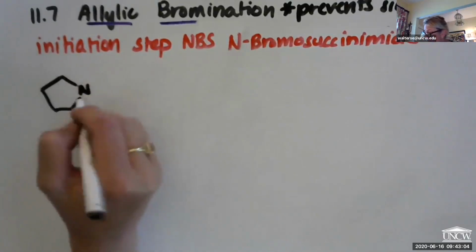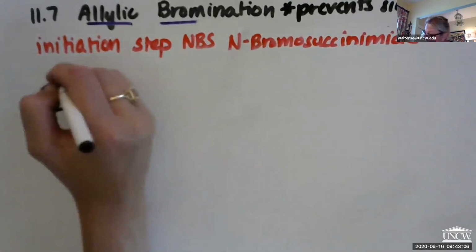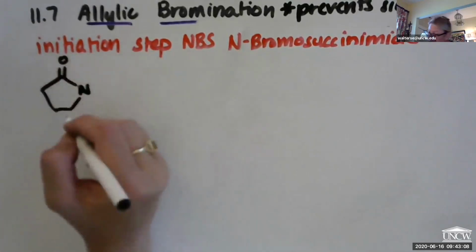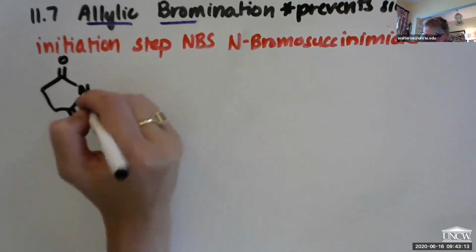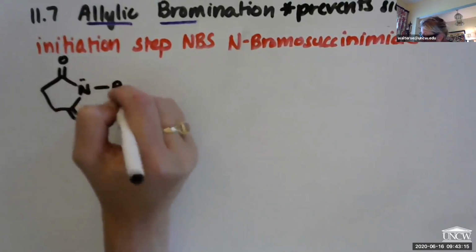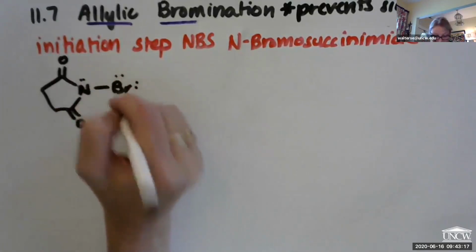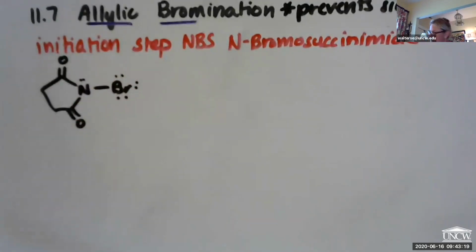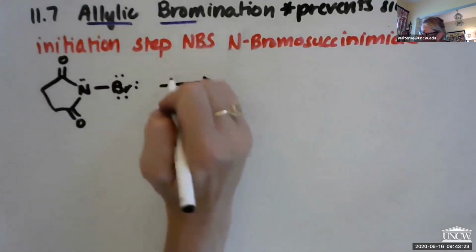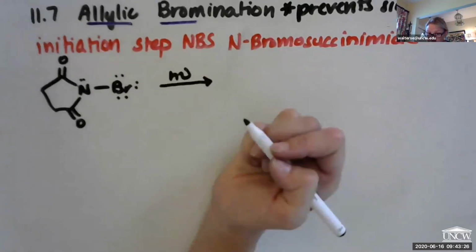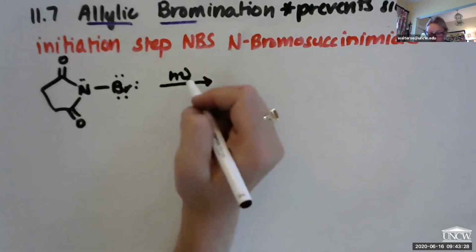So you need to have this 5-membered ring. A couple carbonyls are on here. And then you have your nitrogen bonded to a bromine. Okay. This you will shine light on momentarily.